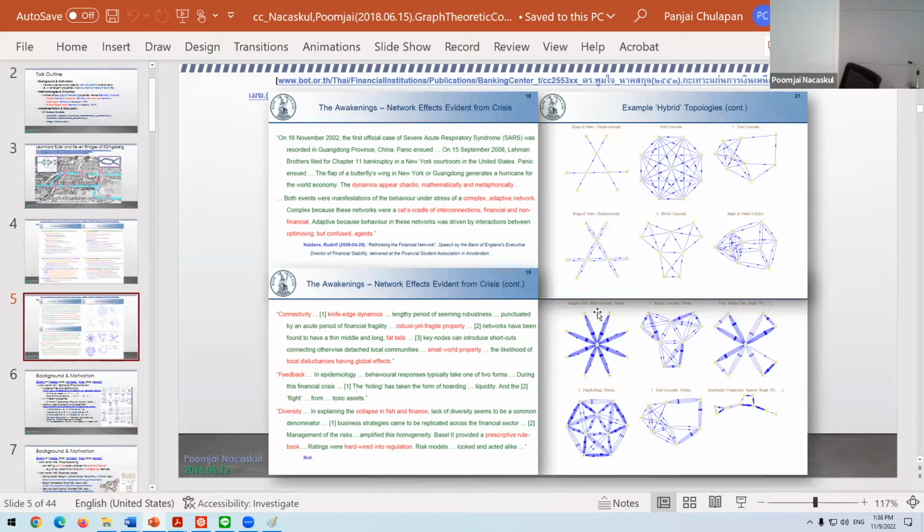So it's more efficient and money can flow, but it's more fragile in the network sense. That is, if something happens to one bank, it can draw problems to everybody else.